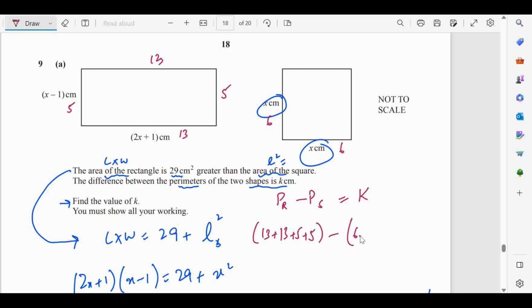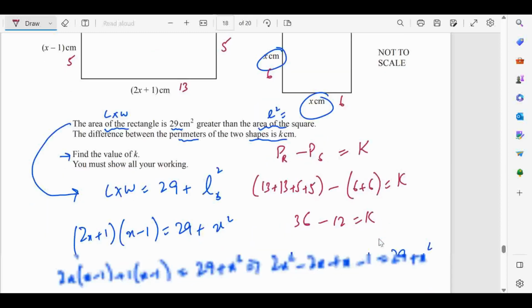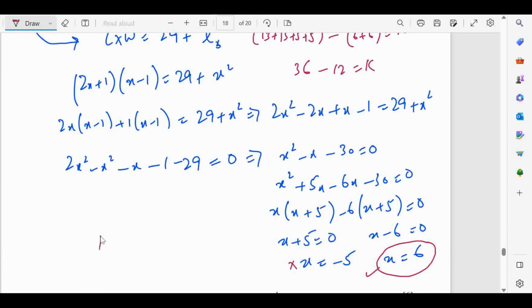For the square, 6 plus 6 plus 6 plus 6 is 24. So 36 minus 24 is equal to k. So k will be equal to 12. This will be the final answer.